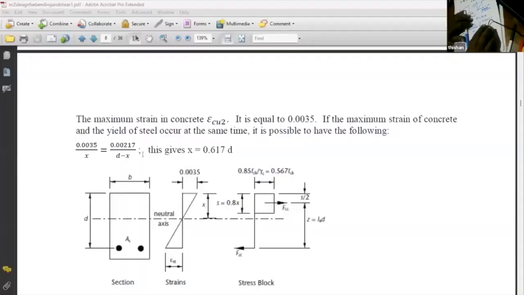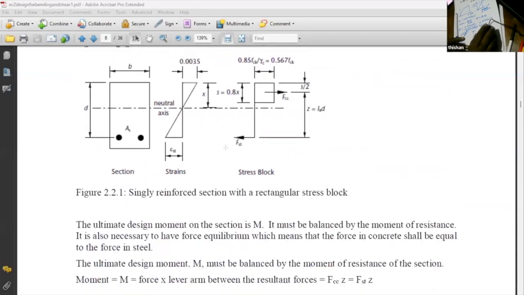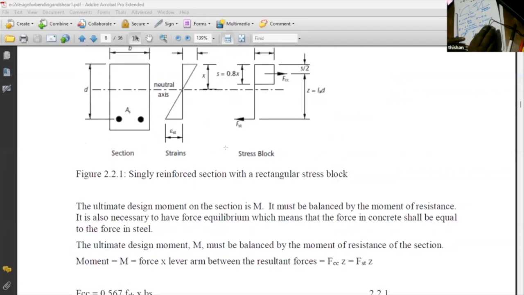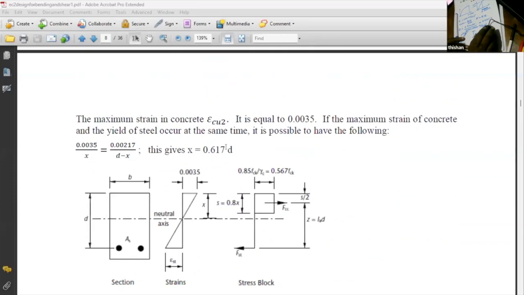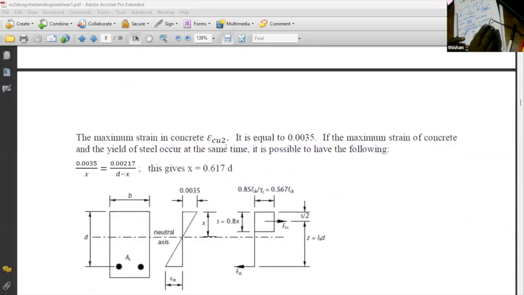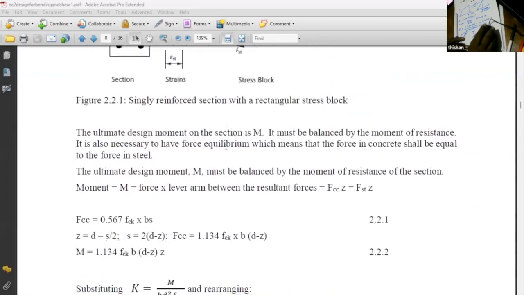Right. If you look at the maximum strain, for the balanced section x is equal to 0.617d, but the maximum allowed is lower. The maximum allowed is 0.45, I think. Just one moment.